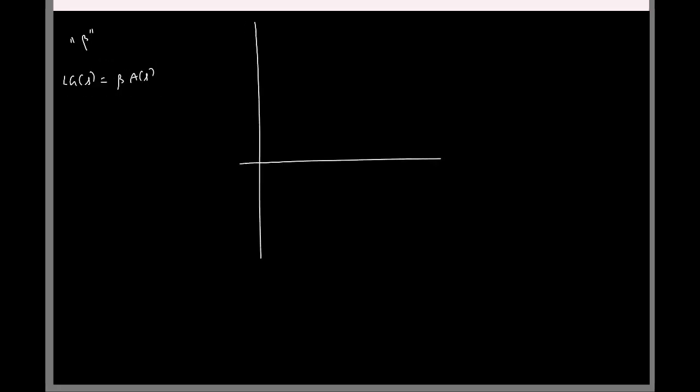This is the magnitude of the loop gain. At DC it starts with beta times gm1 ro. The first pole occurs somewhere here, so it goes down at 20 dB per decade. Then we have a pole and a zero, so we need to find which comes first.